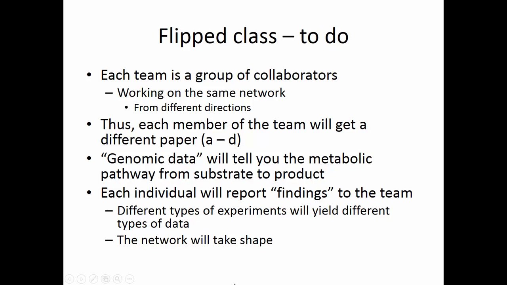Each individual will report findings to the team, and each of you, A, B, C, and D, will have different findings to report. Different types of experiments will yield different types of data. As you report your findings, the network will take shape.